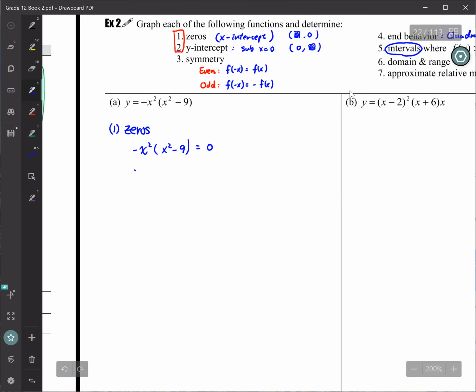This one we've seen something similar already. This can be factored into x minus 3, x plus 3, the difference of squares. Okay, any questions so far? So it's already fully factored. So where are the zeros now? Please write them out and raise your hand when you've got the zeros.